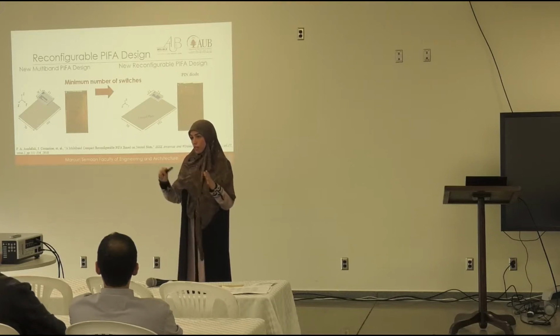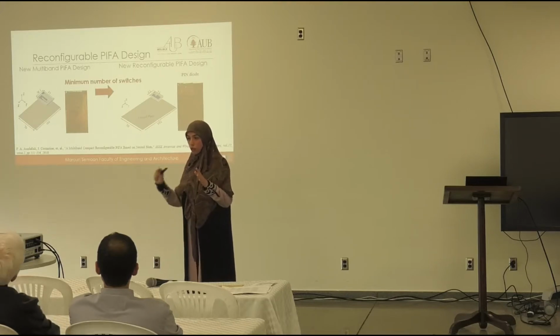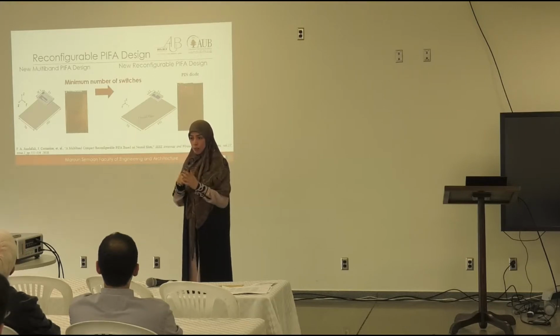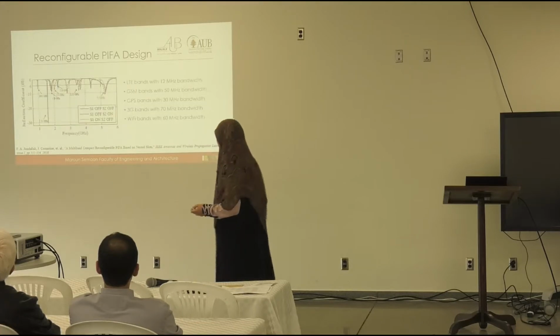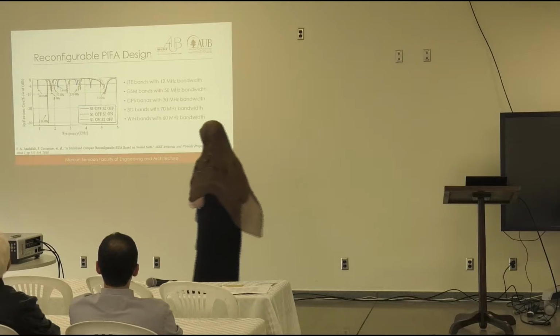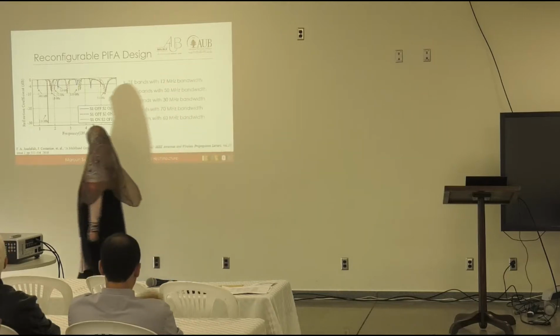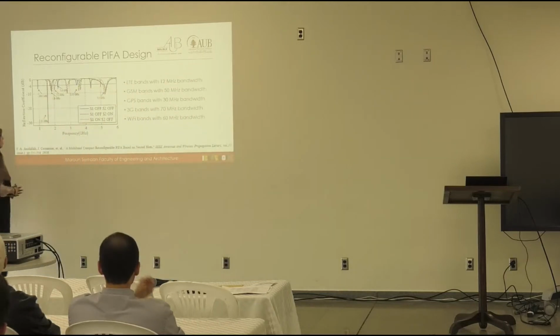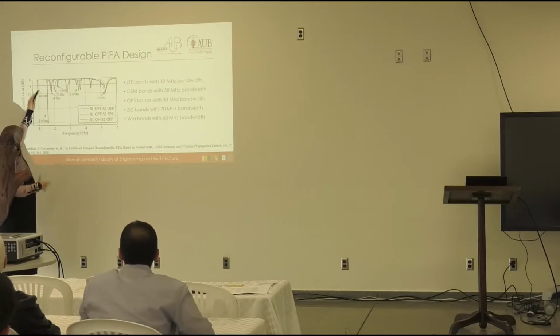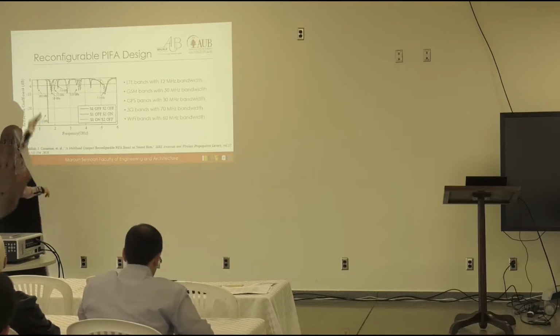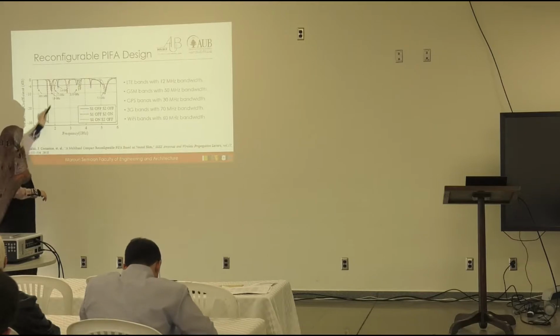We transform this antenna to a reconfigurable one using only one slot. However, this slot operates as a multi-band antenna at each configuration. If we look at the red curve, we have 900 megahertz, 1.54, 1.8, 2.6.